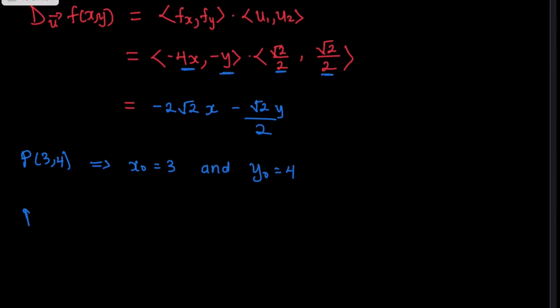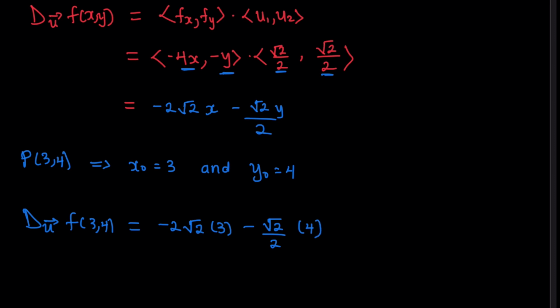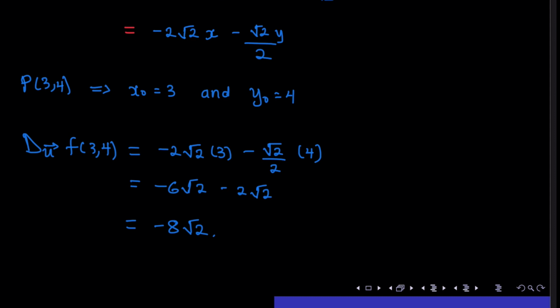So this will give us D_u f of 3, 4 is now equal to minus 2 root of 2 times x, x is now 3, minus root of 2 on 2 times y, y is now 4. So you're going to have minus 6 root of 2 minus 2 root of 2, and that's going to give us minus 8 root of 2.